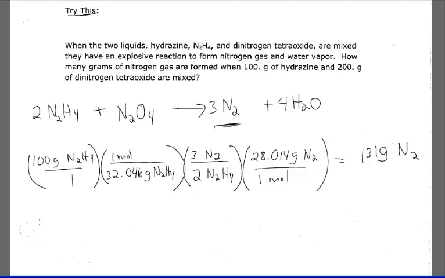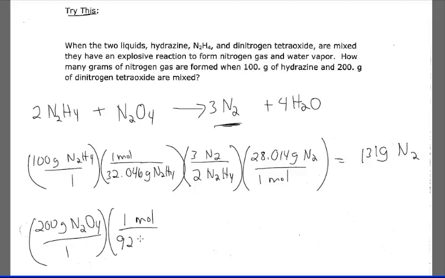Now we'll do the second reactant, dinitrogen tetroxide. There was 200 grams of that. And its molar mass, you need to figure out, 1 mole per 92.010 grams. And the mole ratio is 3 to 1 for that one.